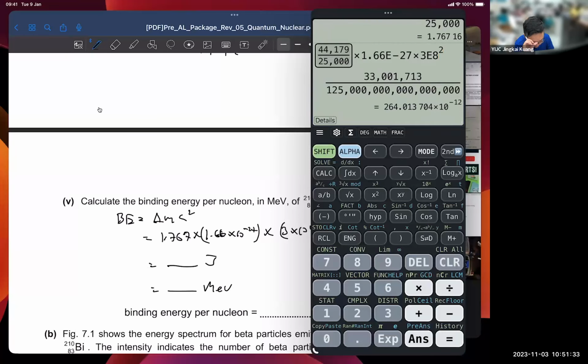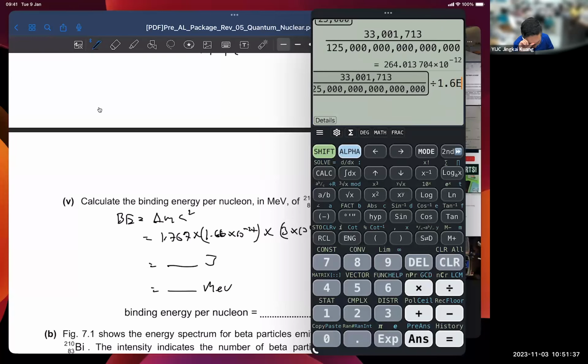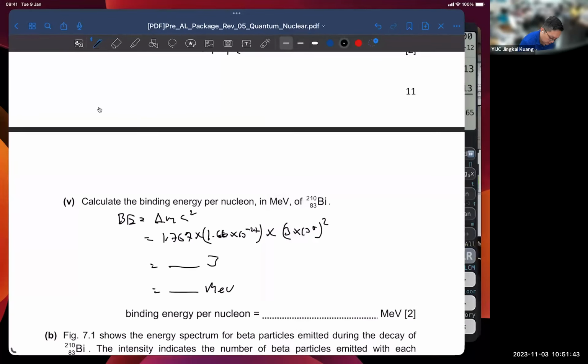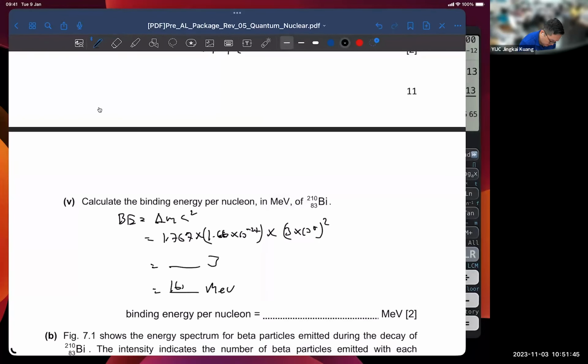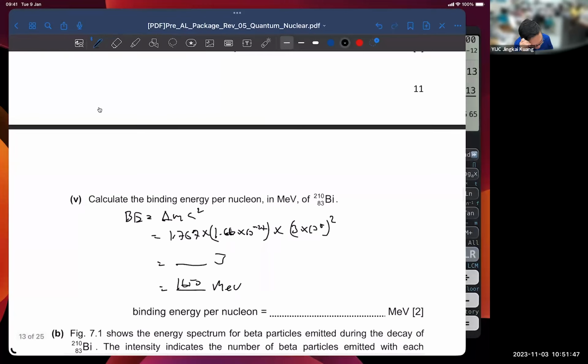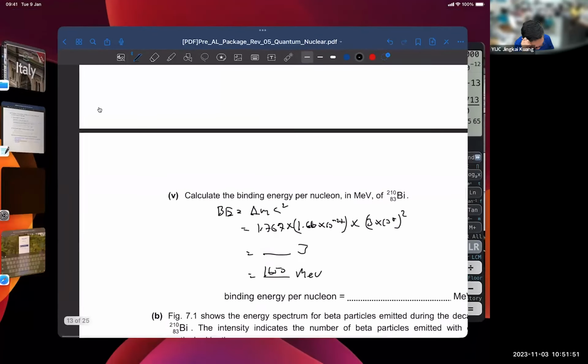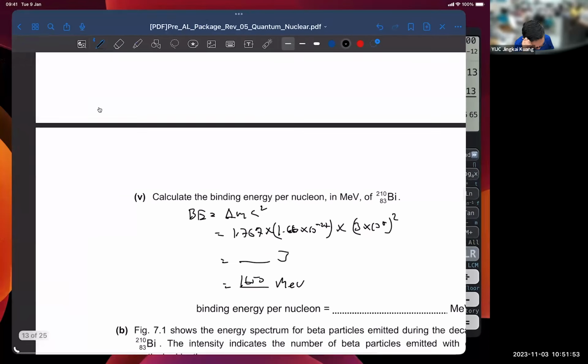This is energy in terms of joules. Okay, then convert to MeV. So divide by 1.6 exponential negative 13. I get 1650 MeV.